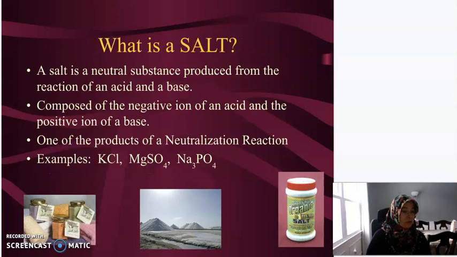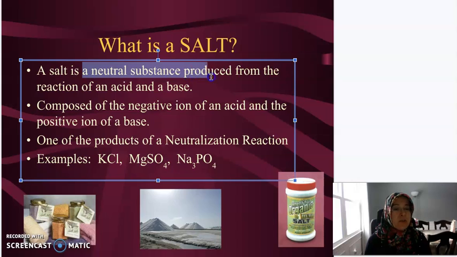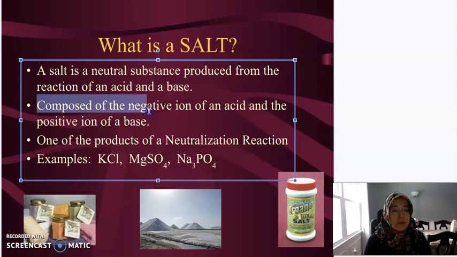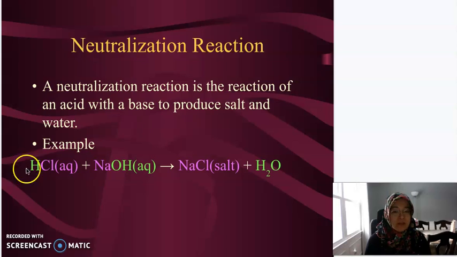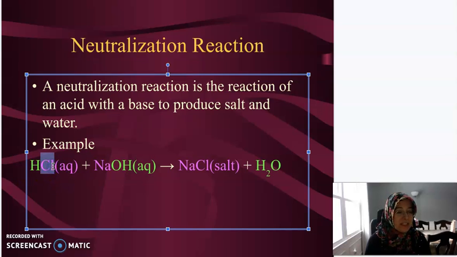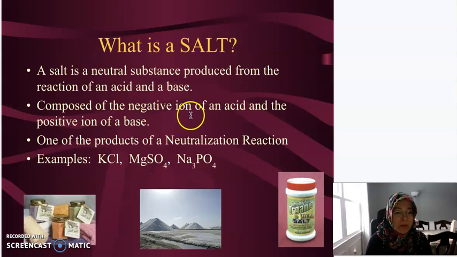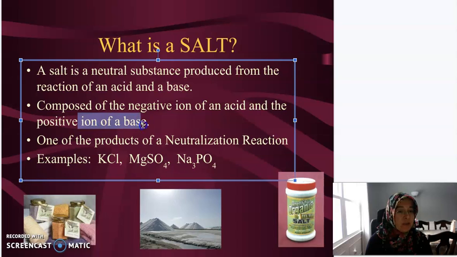So what is a salt? A salt is a neutral substance produced from the reaction of an acid and base. It is composed of the negative ion of an acid, remember, chloride is -1, and the positive ion of the base.